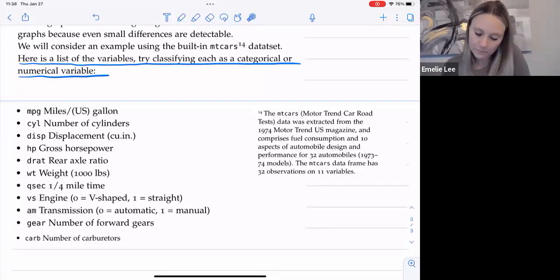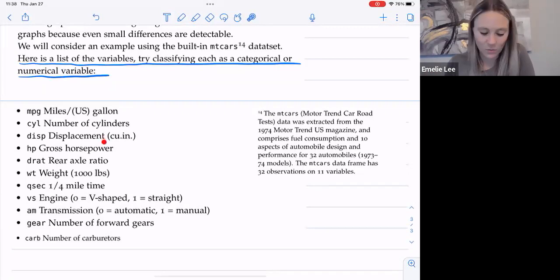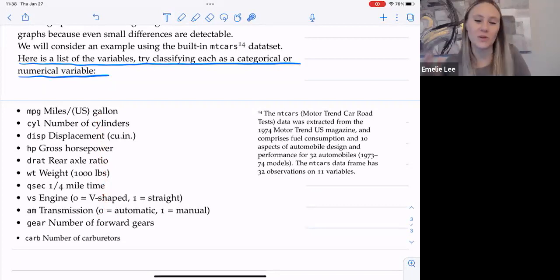And that's really nice. Okay, and I'll show you what it looks like in a minute, because we sometimes might need to rely on the data to kind of convince us one way or another whether it's numerical or categorical.